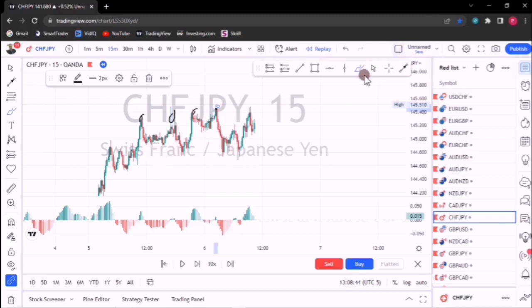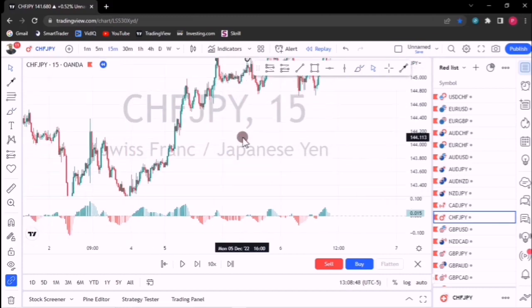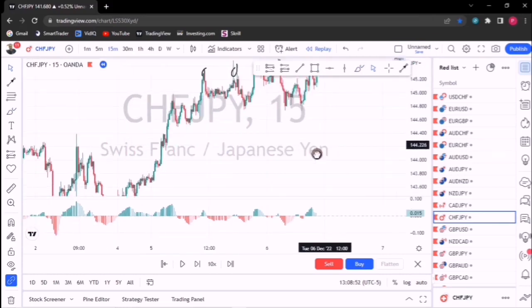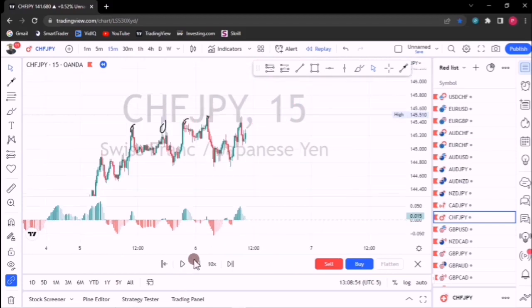Now the important thing about being able to identify the real highs is this: let's say price is at this point, the previous low was this, and this is what you can do.